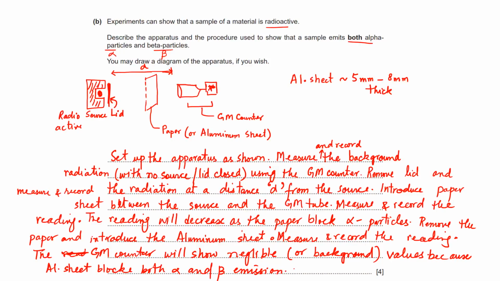Okay, so this is how you can devise an experiment to see whether a source emits alpha and beta emissions. Remember, if your GM counter still shows some reading after introduction of the aluminum sheet, then your source is also emitting some gamma radiation, and that is dangerous for you as well.